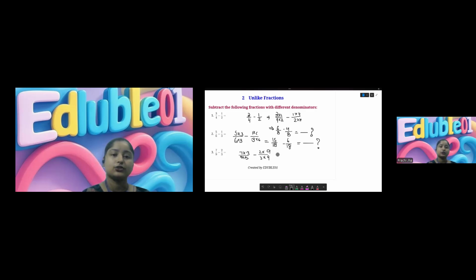Let's just solve this. The denominator would be 27, right? And the numerator, for the first number, will be 21. And for the second number, it will be 18 over 27. You just need to write down the answers.